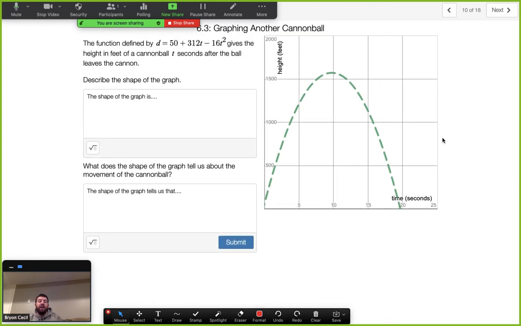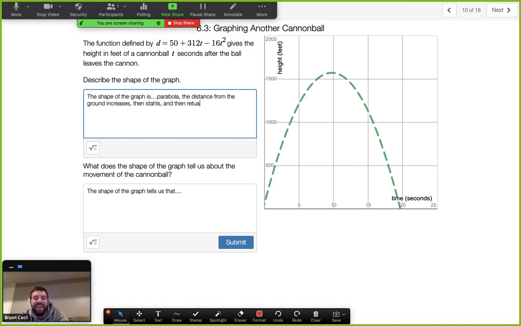Now, here we got this, and we see that it is a parabola, the shape. The distance from the ground increases, then stalls, and I know I probably spelled stalls wrong, I'm sorry, and then returns back down to the ground.